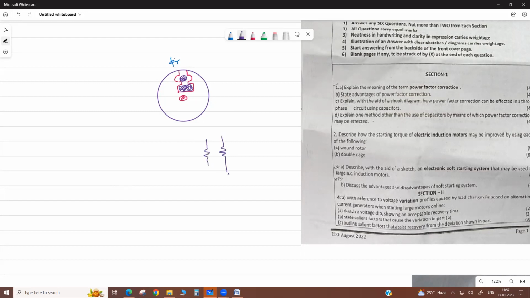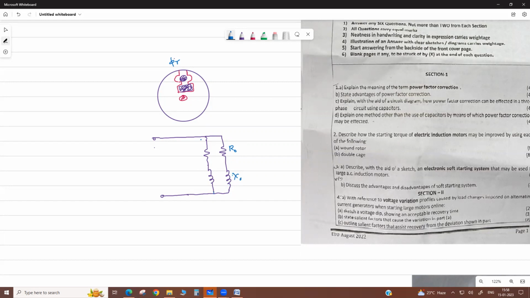Here there are two circuits for your rotor. This is your rotor EMF, and they act as parallel. Suppose this is the outer cage resistance R2, and this is the outer cage reactance.